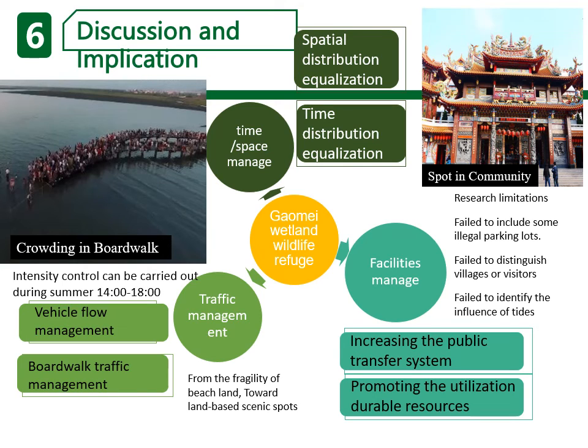The second, attention can be paid to the management of traffic and the boardwalk visitor flow, for the management of facilities such as aiding the public transport system and promoting the use of durable resources compared to sensitive biological creature habitats, for example, community scenic spots. The final one is the crowdsourcing pool, suitable for displaying the visitor distribution and could give it more meaning.